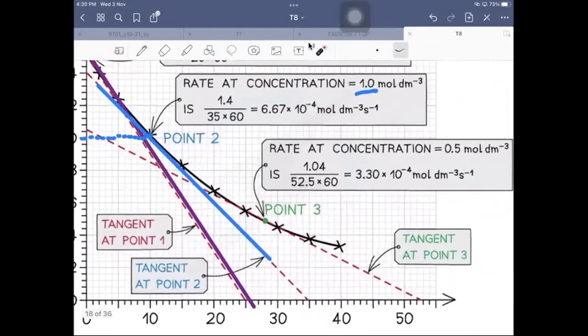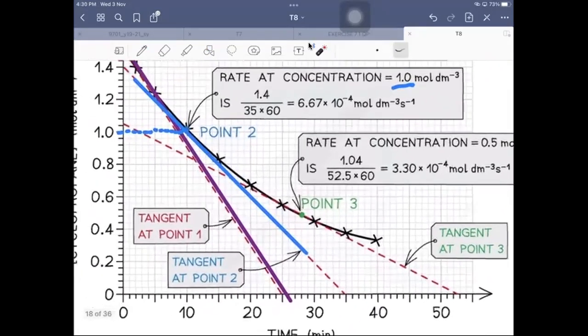Then I repeat this process for point 3, which is the rate at concentration 0.5. Looking at the y-axis, 0.5 is somewhere here, so I draw a tangent to this line at point 3, looking something like that.